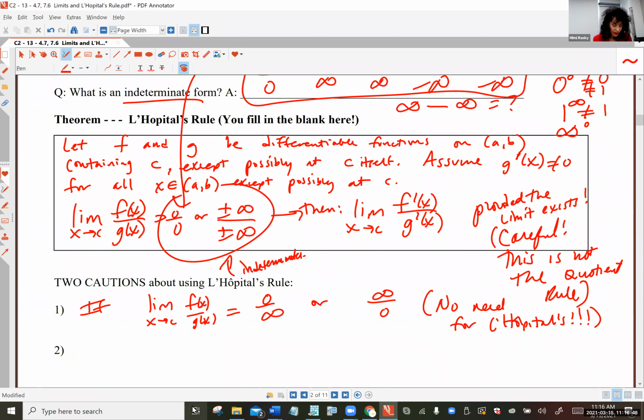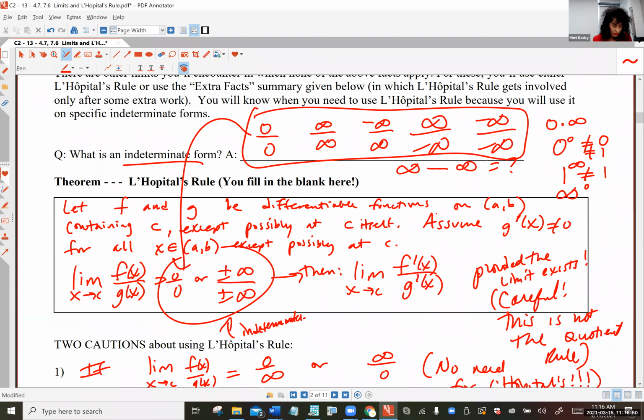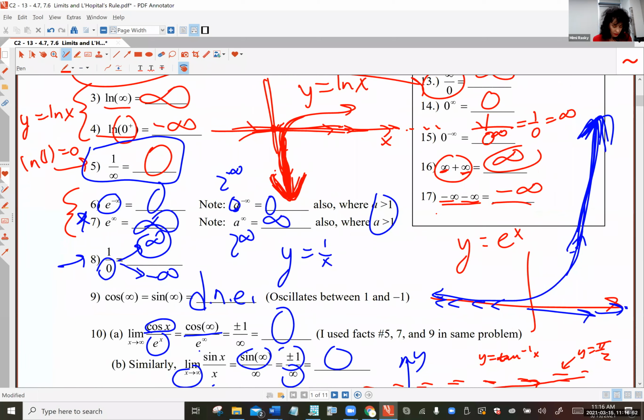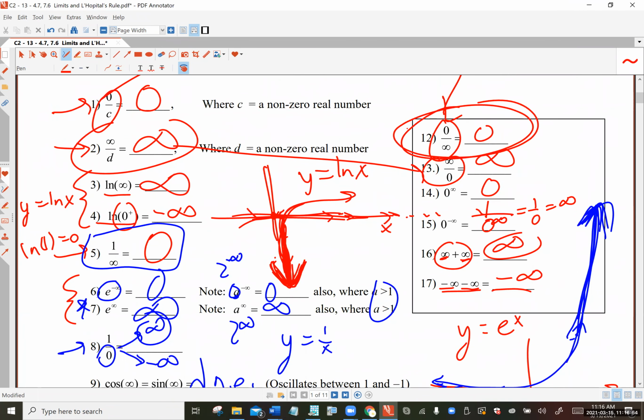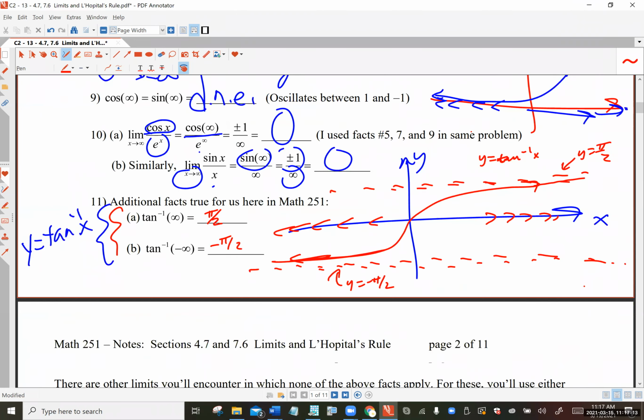What's 0 over infinity? Zero. Thank you. How about infinity over 0? Infinity. So you don't need L'Hopital.